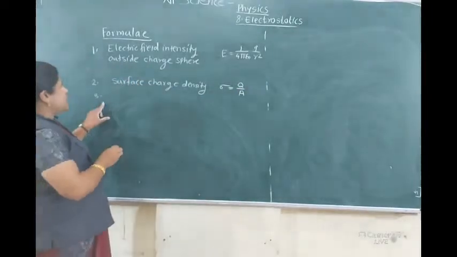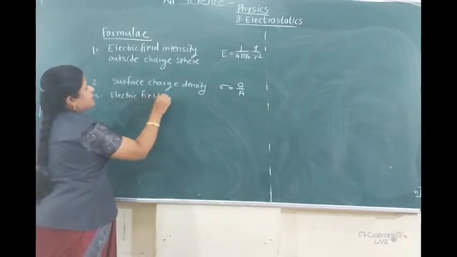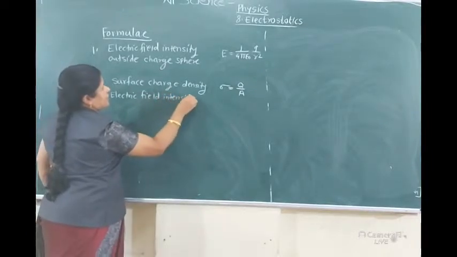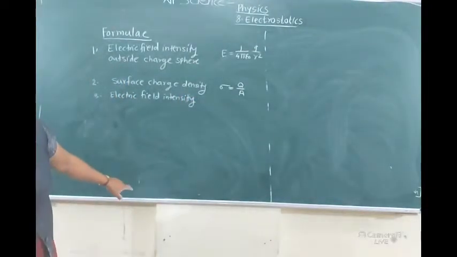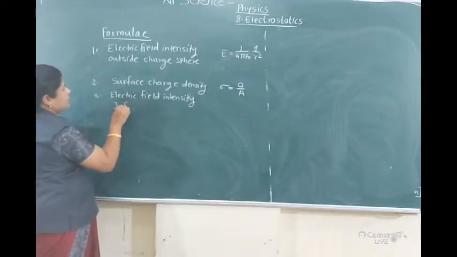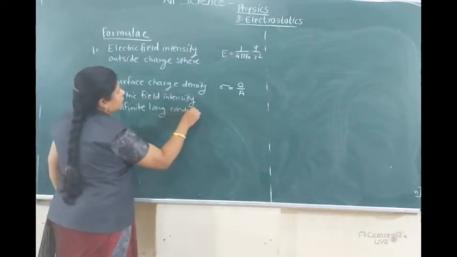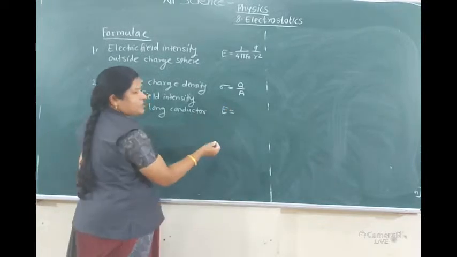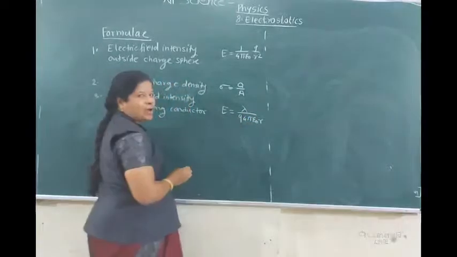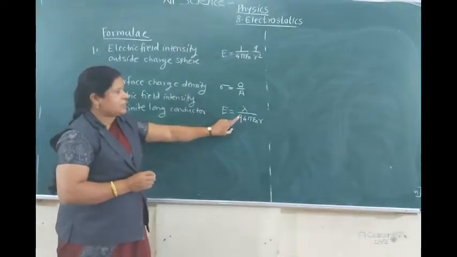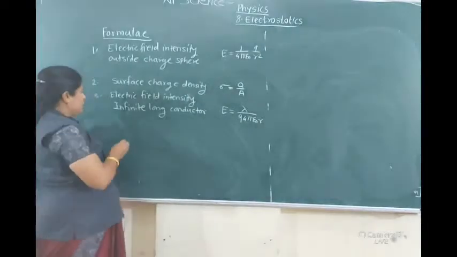Third, the electric field intensity due to an infinitely long conductor: we get the formula E is equal to lambda divided by 2 pi epsilon 0 into R, where lambda is the linear charge density.